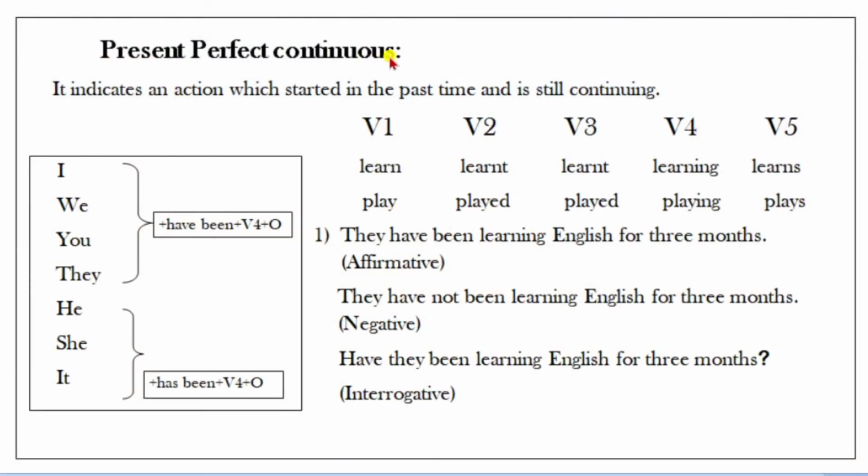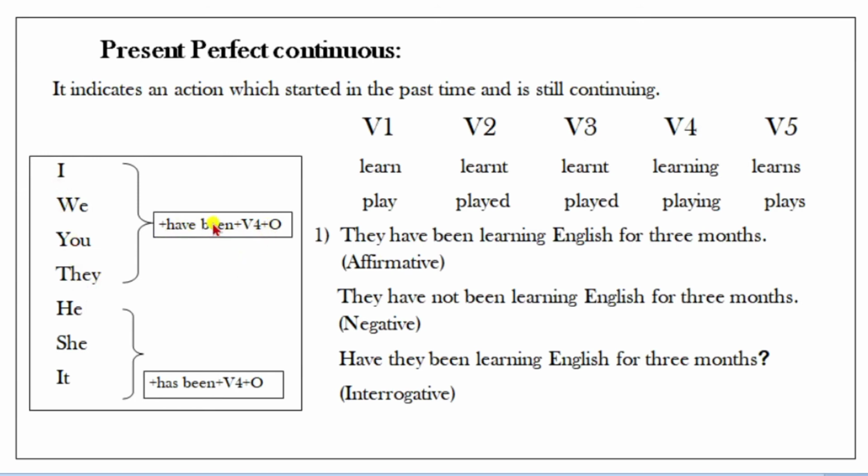Present perfect continuous tense. It indicates an action which started in the past and is still continuing. Started in the past, still going on now: that is called present perfect continuous. In this structure I am taking the verbs learn and play. I, we, you, they: have been plus verb 4 plus object.